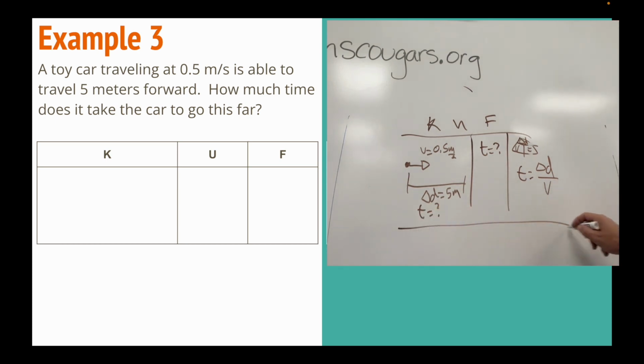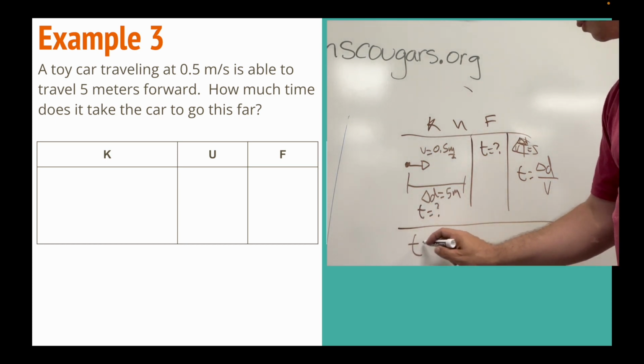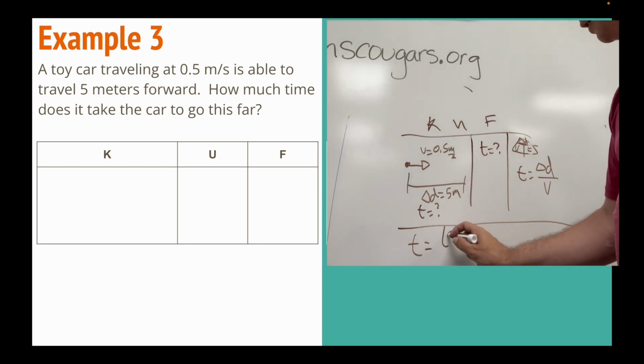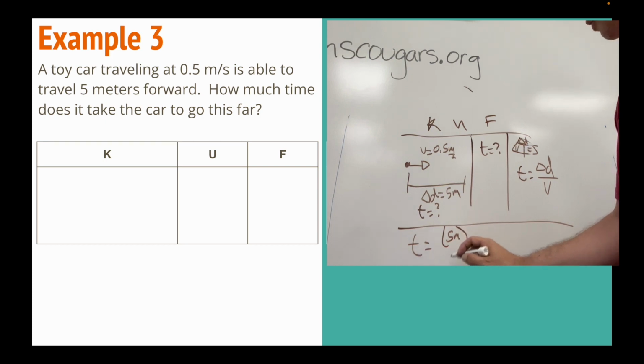Now we're going to solve. I don't know T, so I write it down. Delta D is 5 meters in parentheses divided by V, which is 0.5 meters per second. Please use a calculator because it's not going to be what you think it is.